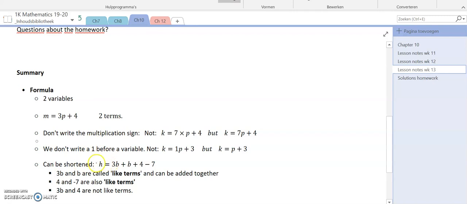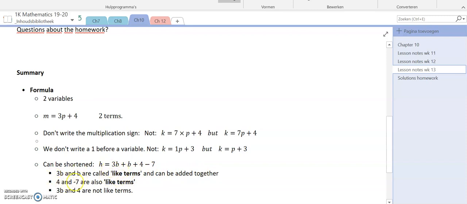So if we have the formula h is 3b plus b plus 4 minus 7, we can write it shorter. You need to look at the terms that are, well, family to each other, and we call those like terms. So 3b and b are called like terms, and they can be added together. In Dutch, it's called gelijksoortige termen.